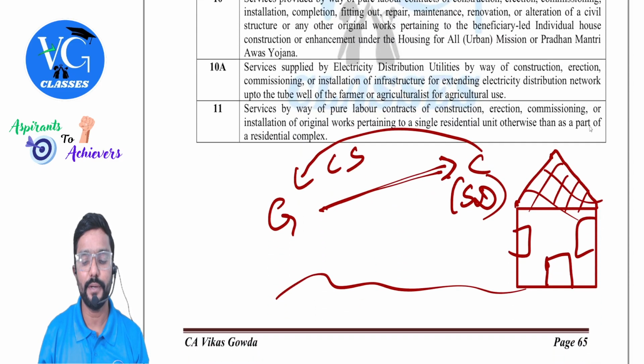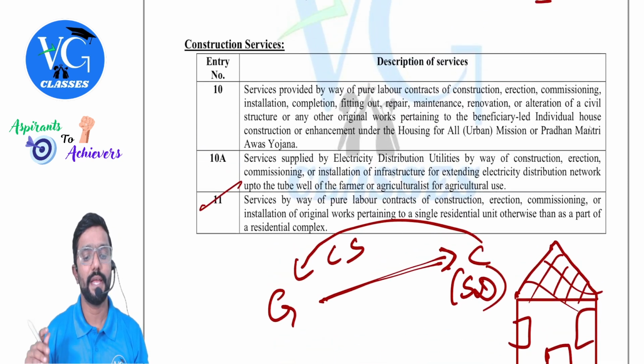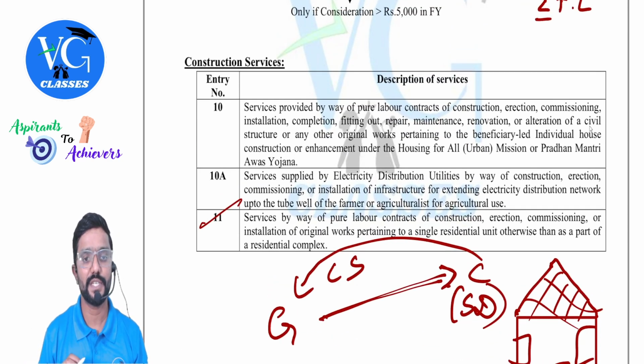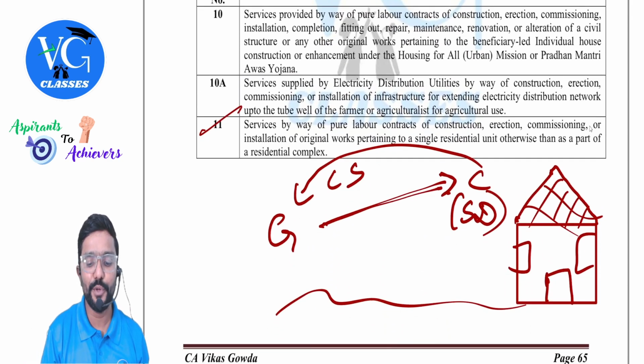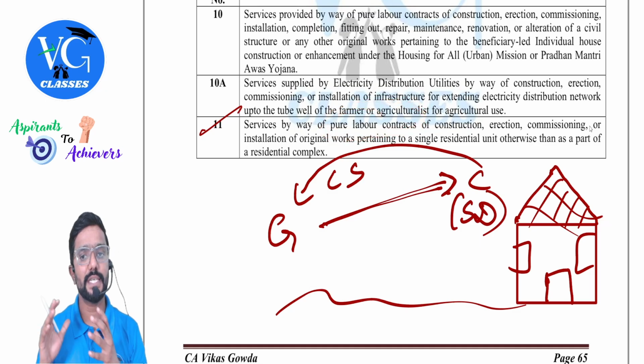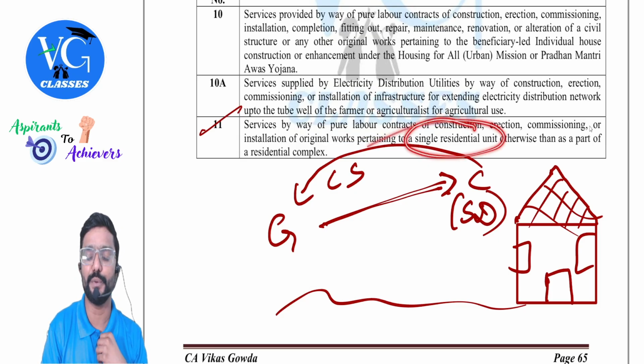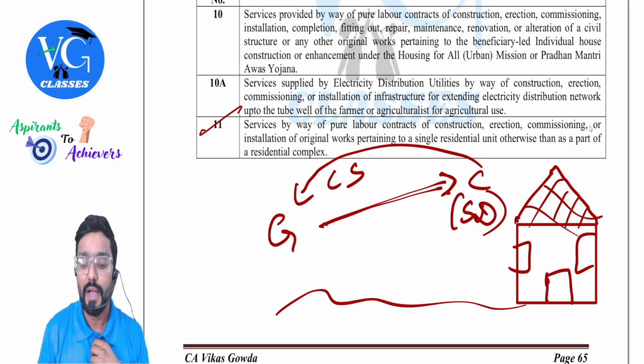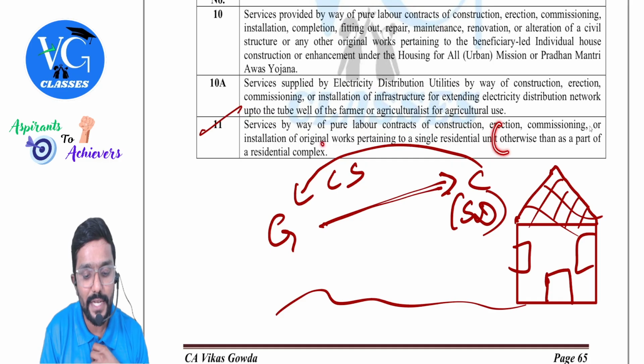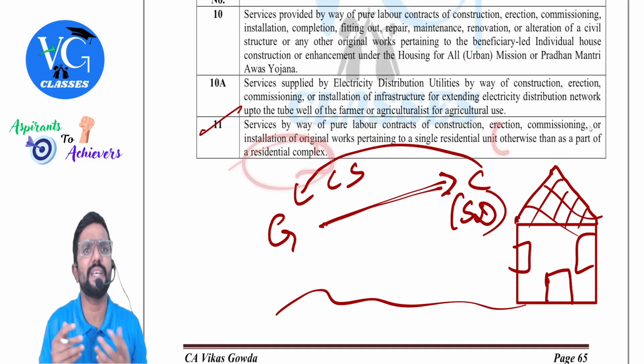Please listen. Look here. Entry number 11 under exemption. I'm just reading it: services by way of pure labour contract for construction, erection, commissioning, or installation of original works pertaining to a single residential unit is exempt. Otherwise, as a part of a residential complex, is it exempt?